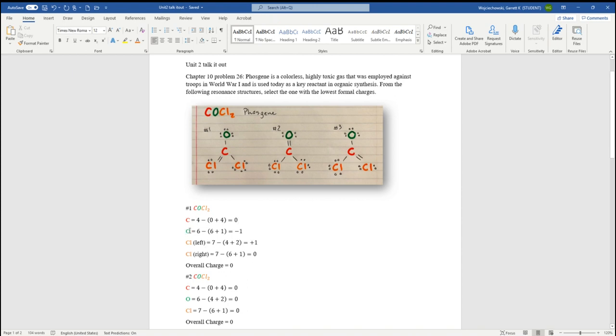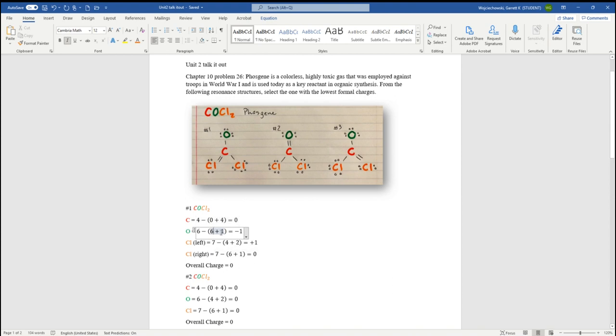Now we move on to oxygen in this number 1 structure. We know that oxygen has 6 valence electrons, and inside the parentheses, we count the amount of non-bonding electrons: 2, 4, 6 non-bonding electrons, added to that single bond right here. 2 divided by 2, excuse me, is 1.